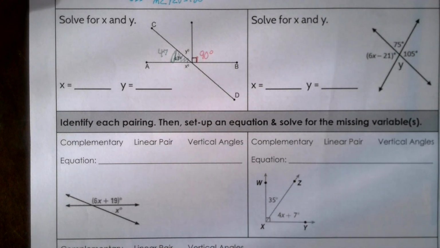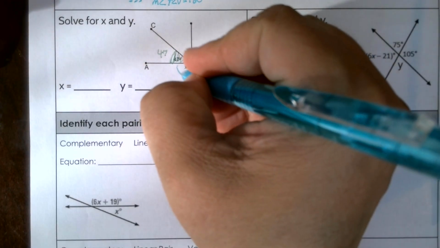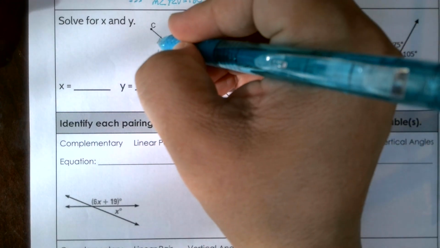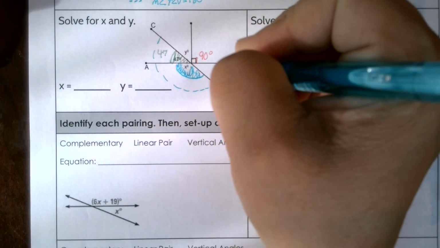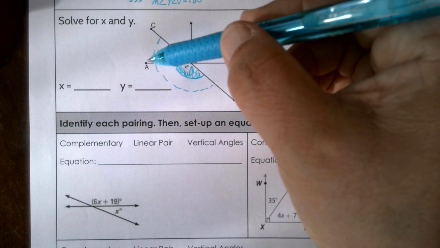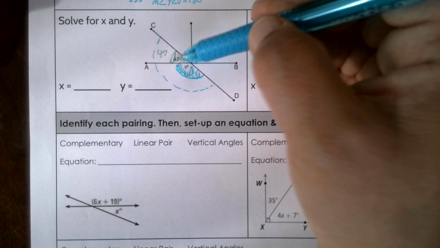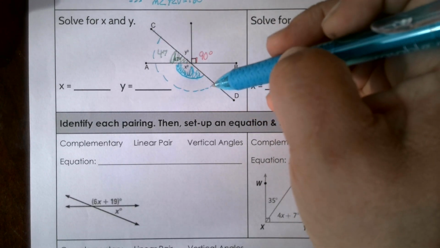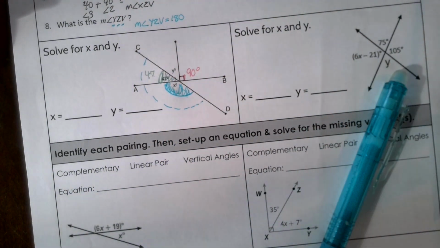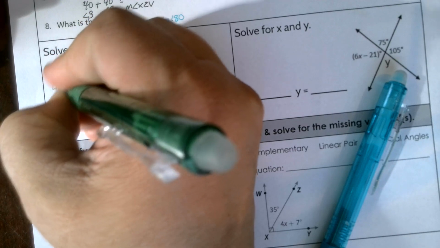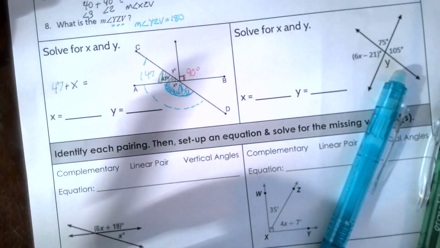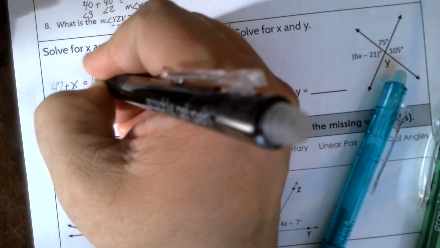All right, here's angle X. By itself we don't know what it is, but all together, if I use this angle relationship, do you see how together this 47-degree angle plus this angle make one linear pair, they equal 180. So I know that the green angle, that's 47 degrees, plus whatever X is, has to be equal to 180 degrees, right?